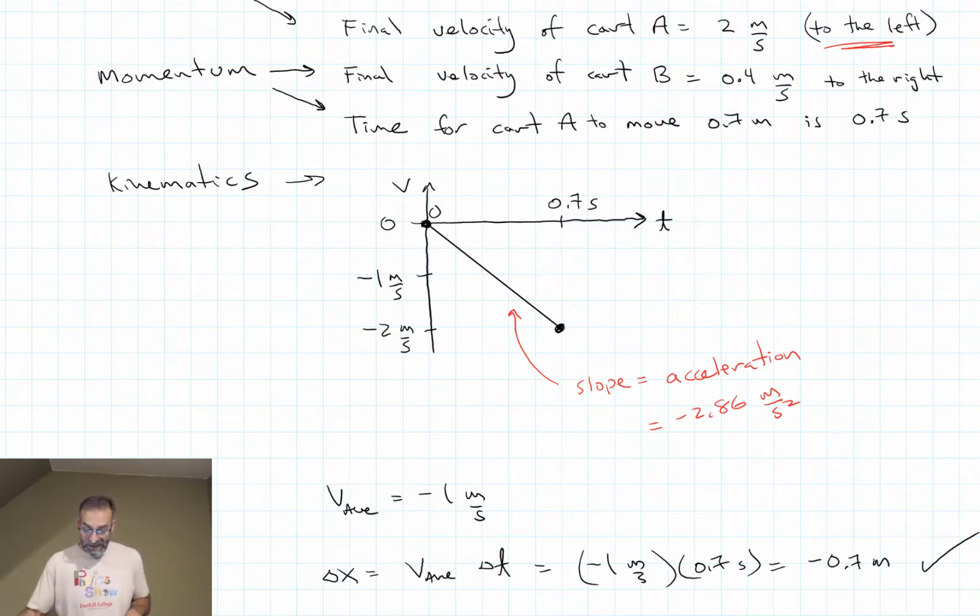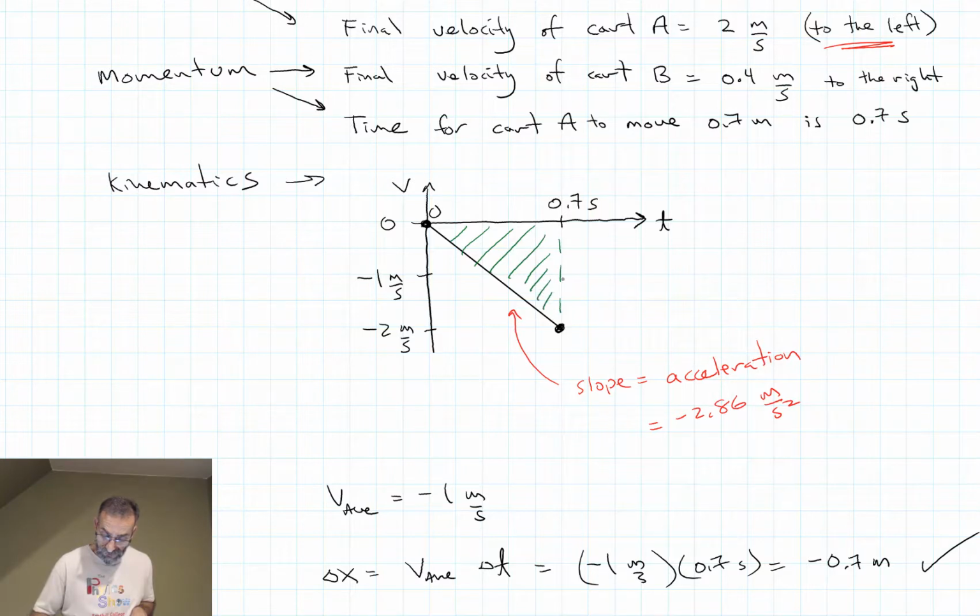And there's another way to get this distance. The other way to get this distance is from this graph, because the area under the curve of the velocity versus time graph tells us the displacement. So if we look at the area under this curve, we will get our displacement.